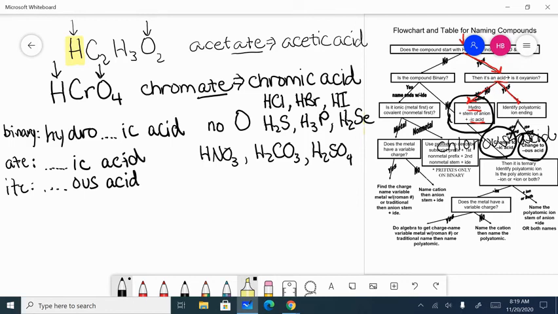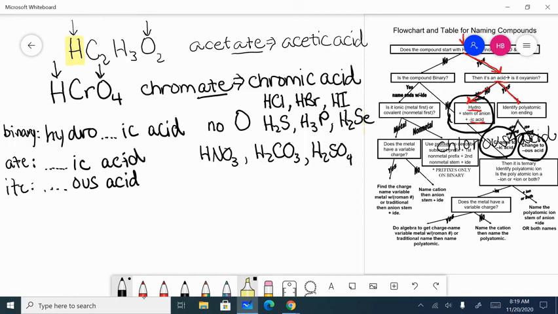So we only have 3 types of acids. Either there's no oxygen and it's hydro-IC. It has oxygen in the polyatomic ions in ATE. It's IC acid. It has oxygen in the polyatomic ion ends in ITE. We change that to OUS acid.